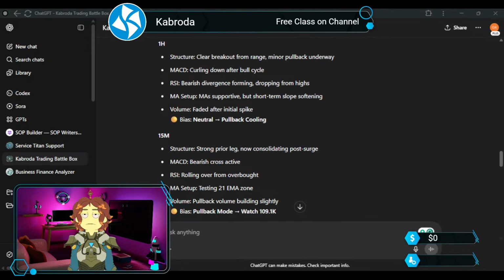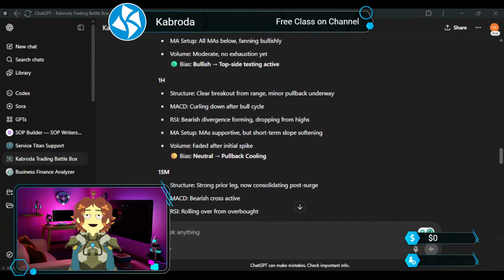Alright, so 1 hour. The structure's clear: breakout from range, minor pullback underway. So basically it's saying we had some structure, we clearly broke out of it, and right now we're having a minor pullback. So structure-wise we're pretty bullish right now. MACD is currently down after the bull cycle, so that is actually bearish.